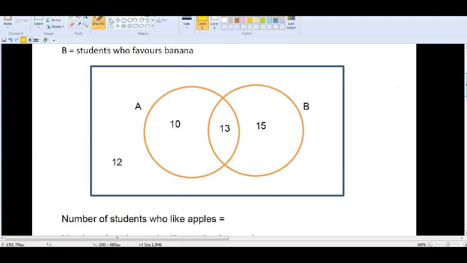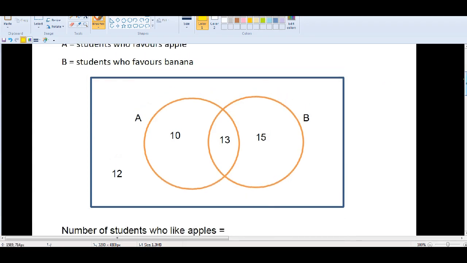One particular region which is very interesting is the overlapping area between the two circles. There's a number 13, showing that there are some students who like both bananas and apples.